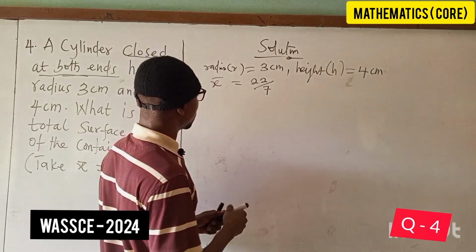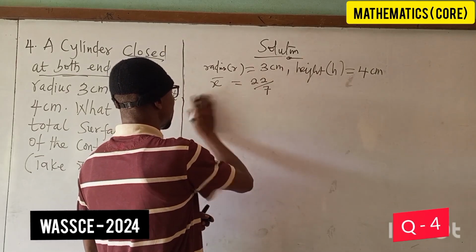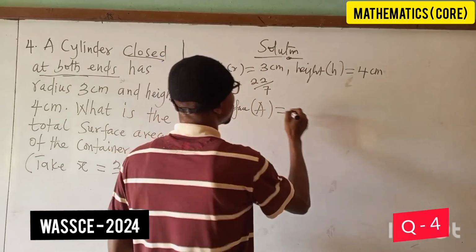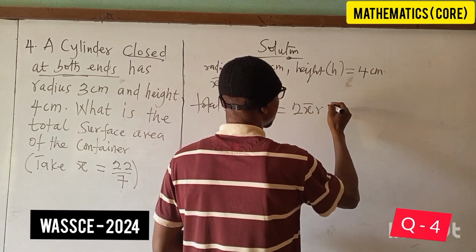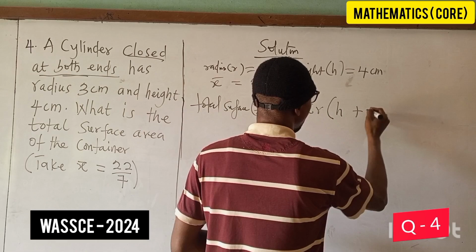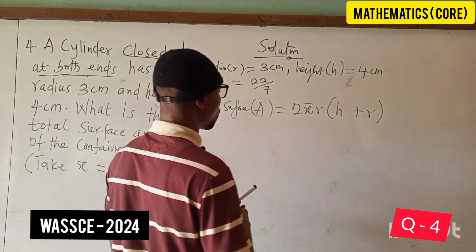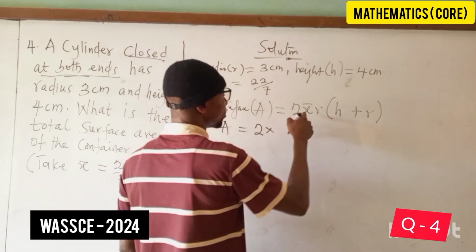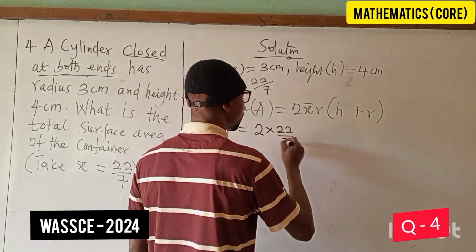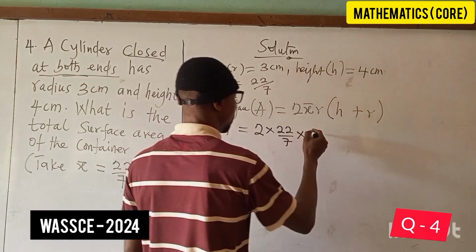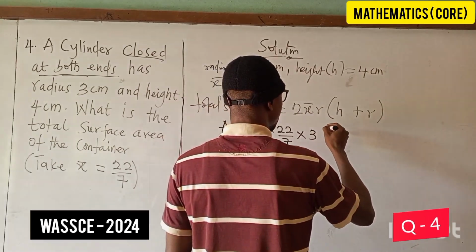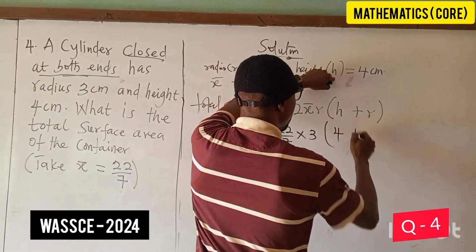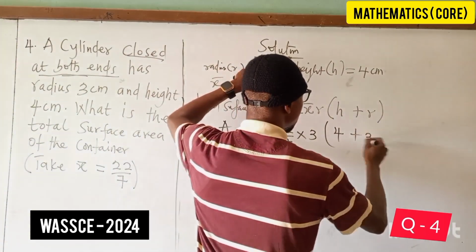As we earlier stated, the total surface area of this cylinder will be 2 pi r bracket h plus r. So we have A is equal to 2 multiplying pi, which is 22/7, times the radius, which is 3, multiplying h, which is 4, plus the radius, which is 3.